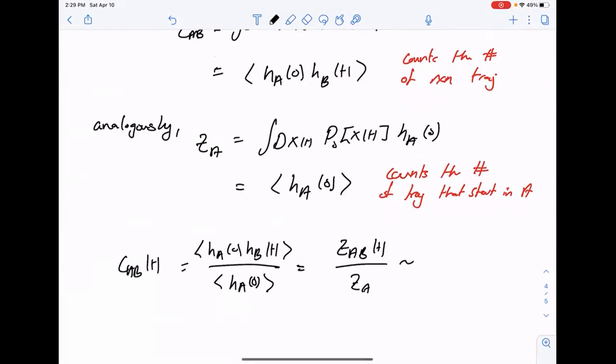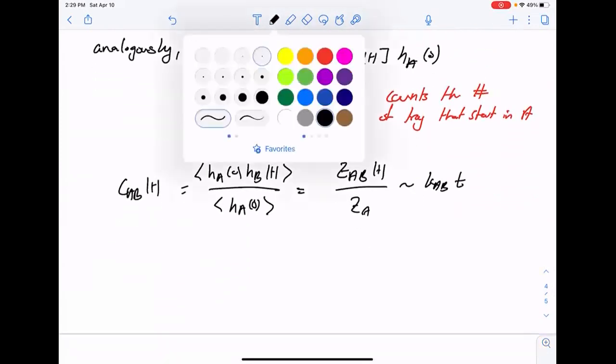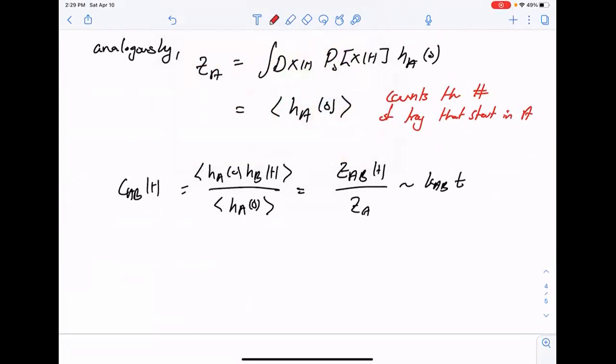Its derivative gives us the rate, and in steady state, that ratio must go like k_AB times t. So what we've just found is a relationship between a rate constant and a ratio of path partition functions.